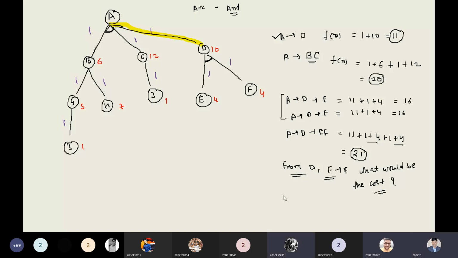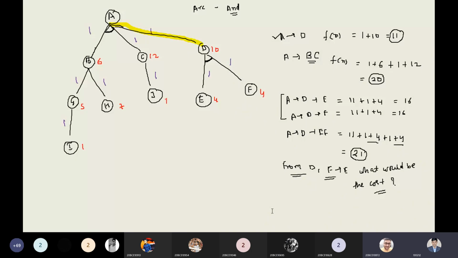Sir, for F to E we are doing a backtracking now. Sir, it might be possible that 1 plus 10 plus 1 plus 4, so the total would be 19. Sorry sir, 20.